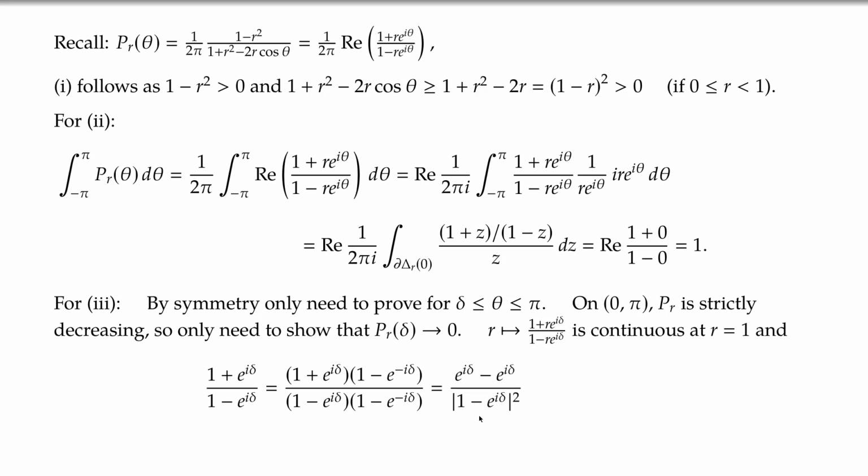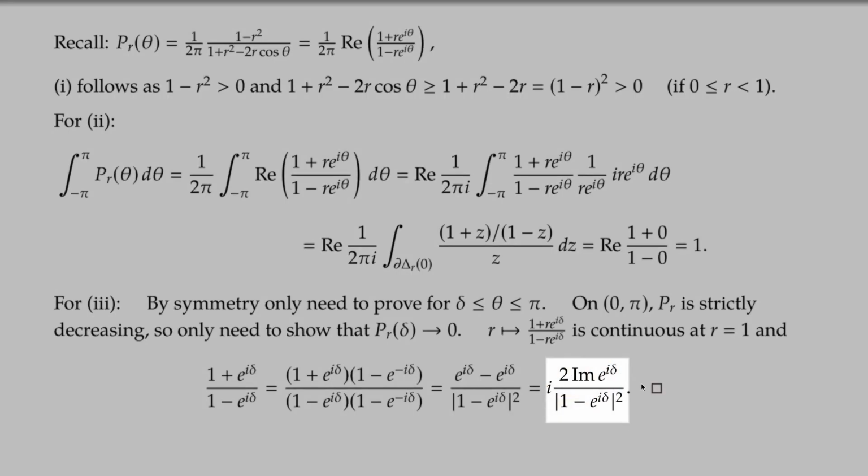So we get the modulus squared on the bottom, and on top we're really getting this. This is almost like the imaginary part, except for the 2i. We're not dividing by the 2i, so it's this thing.